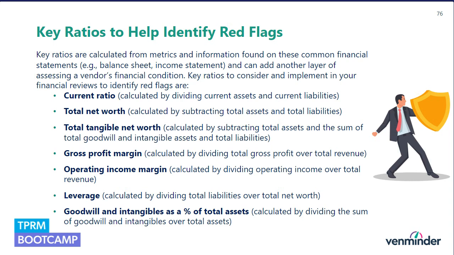Some key ones to be aware of are the current ratio, which is a good indication of how much liquidity in short-term assets a company has against its current liabilities.